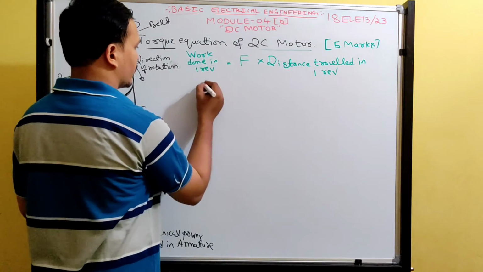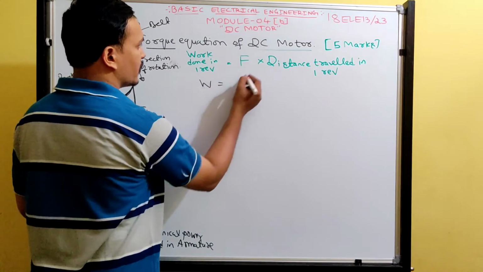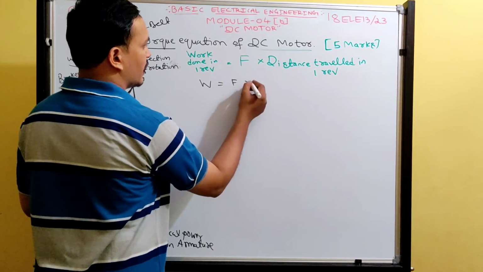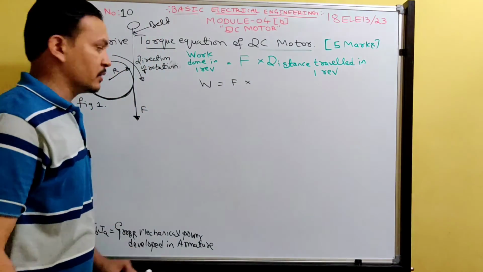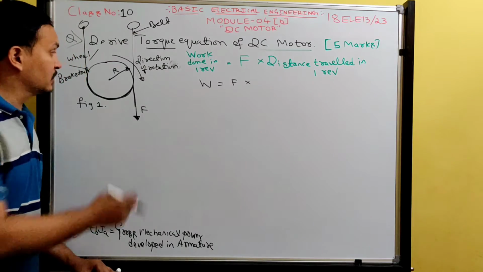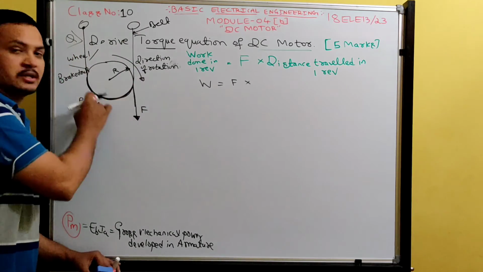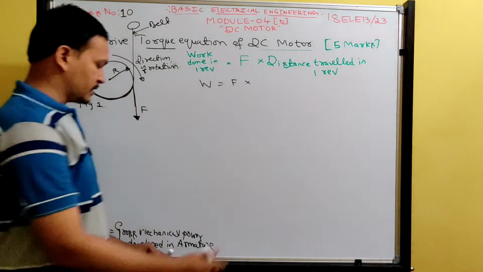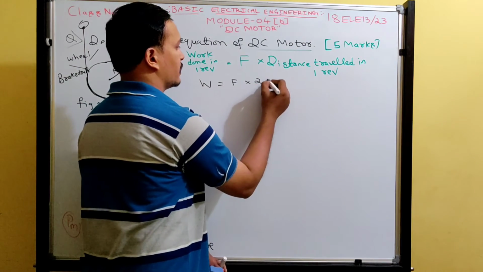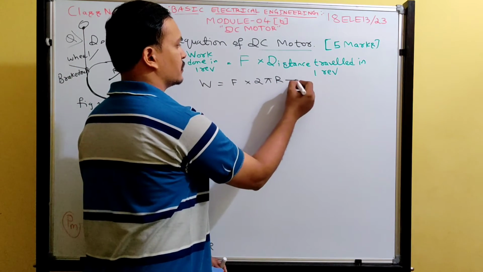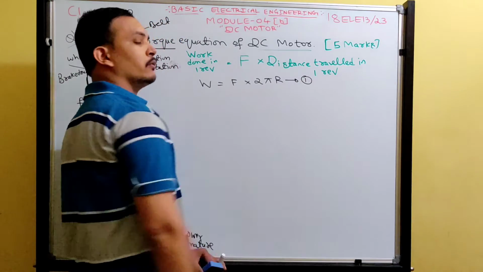Now, work done in one revolution is denoted by W, and force is F. Now, what type of distance do we have here? We have circumferential distance, which is written as 2 pi r. So take this as equation number 1.